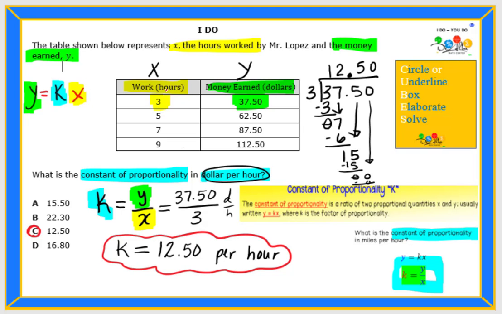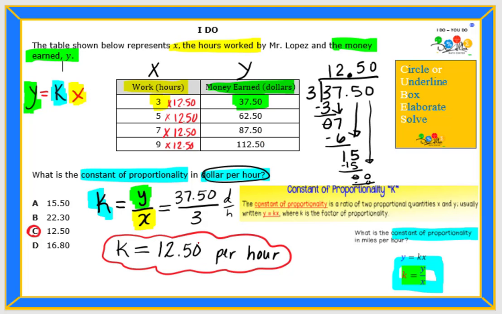So 3 times 12.50 gives us 37.50. 5 times 12.50 gives us 62.50. 7 times 12.50 gives us 87.50. 9 times 12.50 gives us 112.50. So that's what this means.